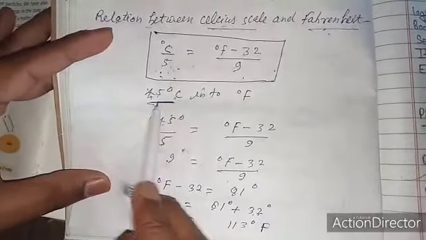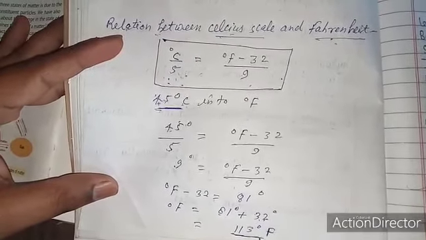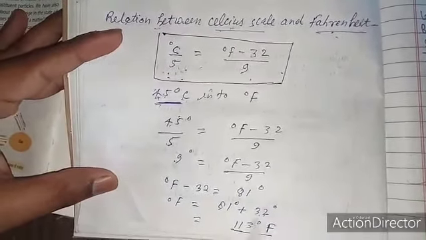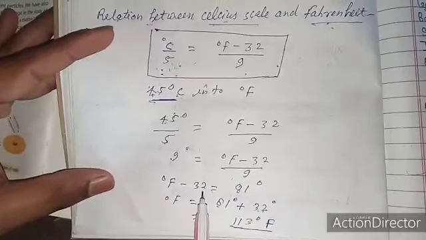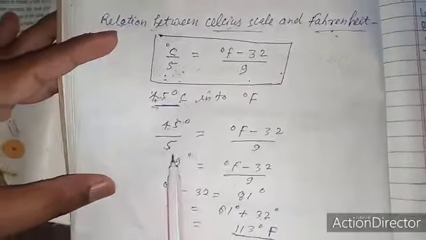So 45 degree Celsius is equal to 113 degree Fahrenheit. In this way we convert degree Celsius into Fahrenheit and Fahrenheit into degree Celsius.